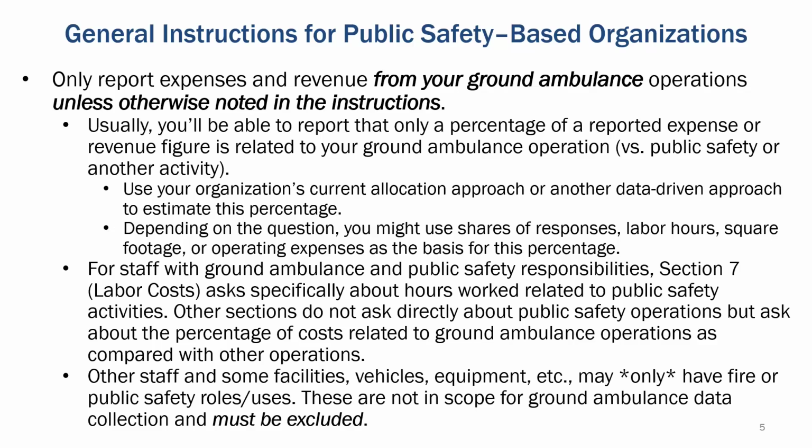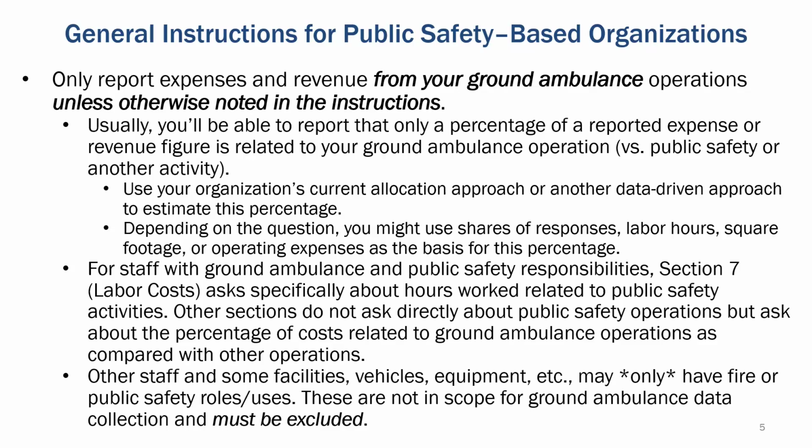So there's generally two ways to do this, and the instructions allow for both in the GADCS. In many cases, you'll report a total amount for your organization, and then a percentage, a share of that that's applicable to ground ambulance operations and not, say, your fire department or police department. That kind of approach is called allocation.